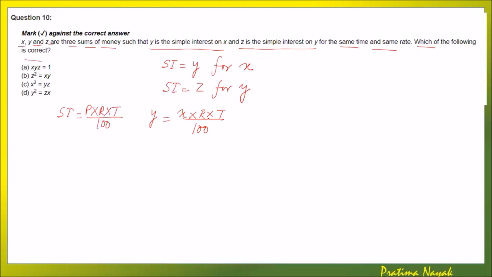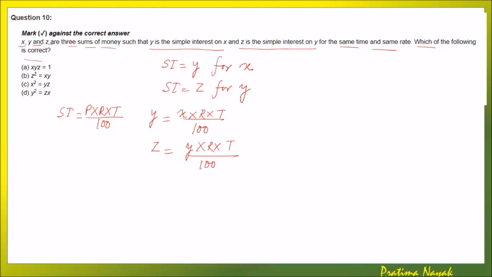P is X. I am writing RT by 100 as it is. Next, coming to second one. Second one, Z will be Y multiplies R multiplies T by 100. From this, we have to find which one is correct from here.